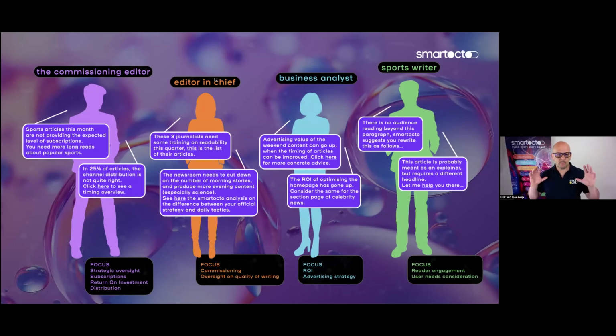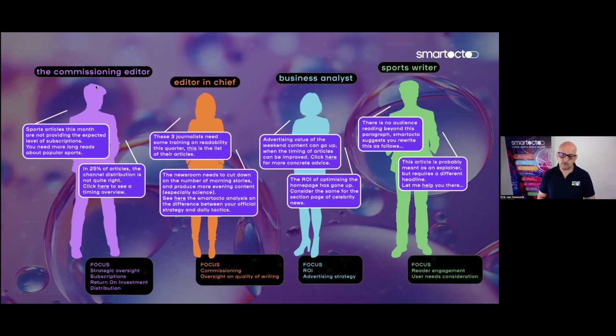So in a way, SmartOcto AI and SmartOcto in general will be a virtual assistant in the newsroom for different roles. So for example, you have here the sports editor that has different questions about, I don't know, which sports articles this month are not providing the expected level of subscriptions. This is something that the system will notify, right? But also the editor-in-chief probably has different questions about which articles I need to train people on making headlines for, which are not doing so well, or which are the ones that are really doing great that the others can learn from.